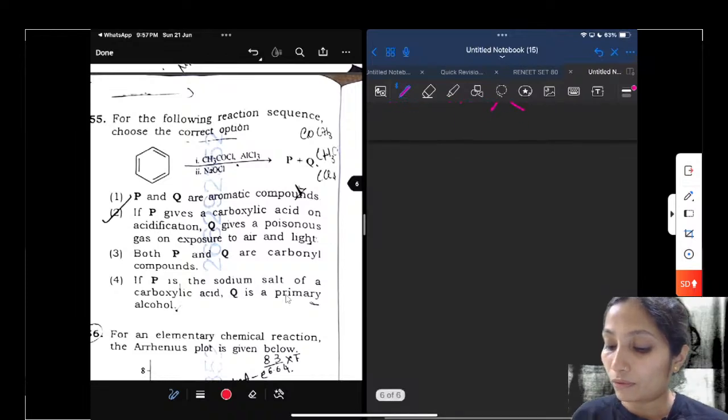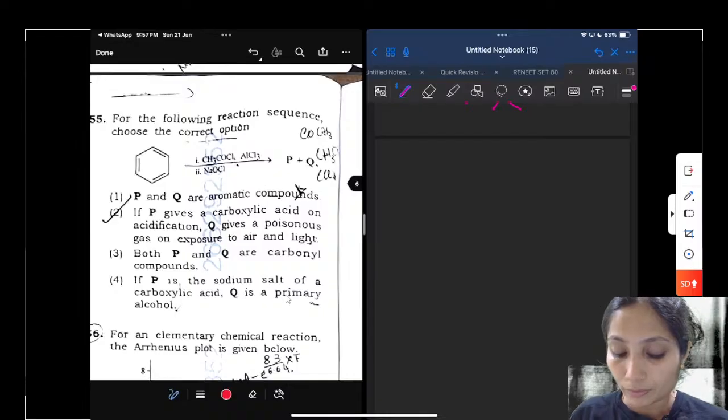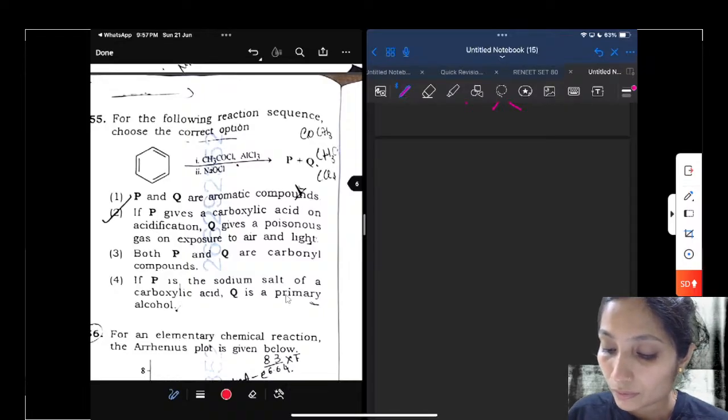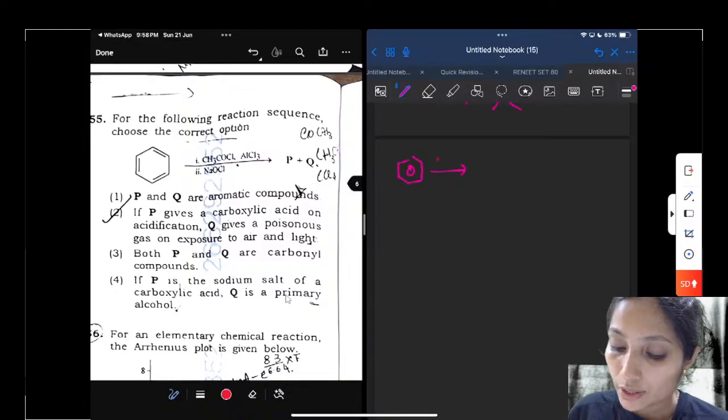When benzene is treated with CH3COCl in the presence of AlCl3, what do I get?